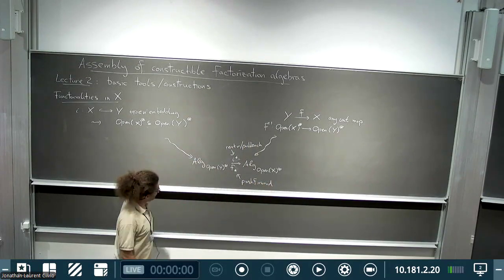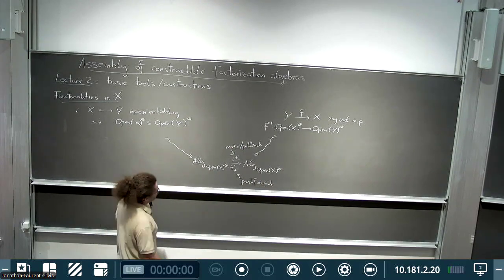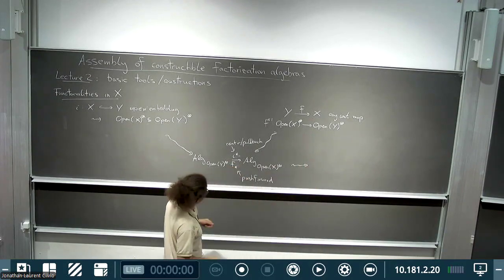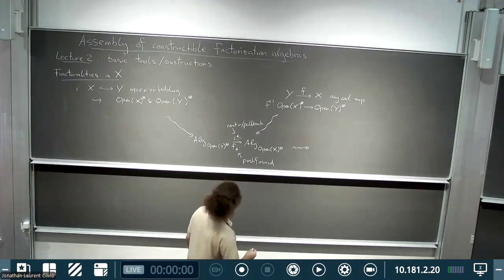And in fact, one can then check, so this is now on pre-factorization algebras, but then it's an easy exercise to check that in fact, both of these functorialities restrict to factorization algebras.